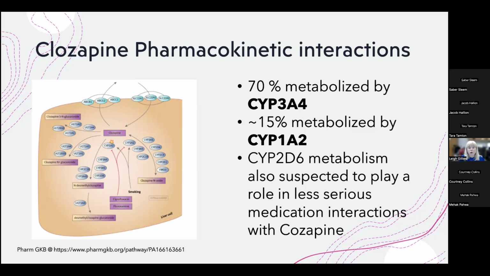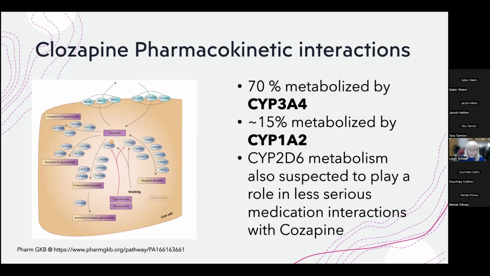So clozapine is also around 15% metabolized by CYP1A2 enzymes. The CYP1A2 inhibitors, can anybody think of those? Cigarette smoke. So that is a CYP1A2 inducer, so it will significantly decrease the effect of your clozapine.